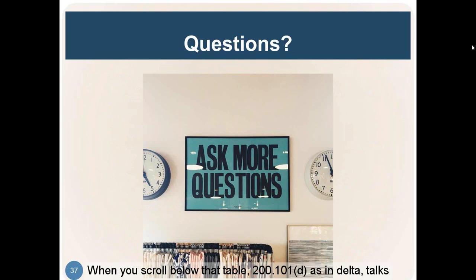And when you scroll below that table, 200.101 D, as in Delta, talks about what specifically is applicable or required for LIHEAP.